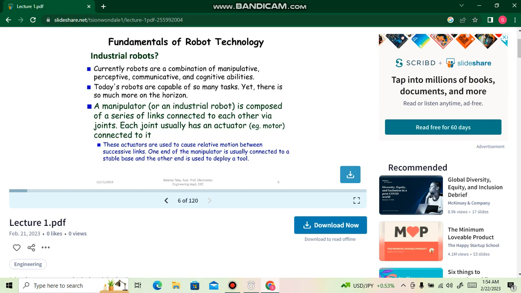A manipulator or an industrial robot is composed of a series of links connected to each other via joints. Each joint usually has an actuator, such as a motor, connected to it.